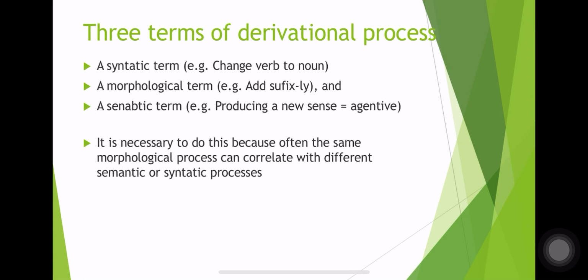The next is three terms of derivational process. There are three terms. For the first one, a syntactic term. For example, we change the word class from verb to noun. And then a morphological term. For example, we add a suffix like ly. And then a semantic term. For example, producing a new sense like adjunctive.